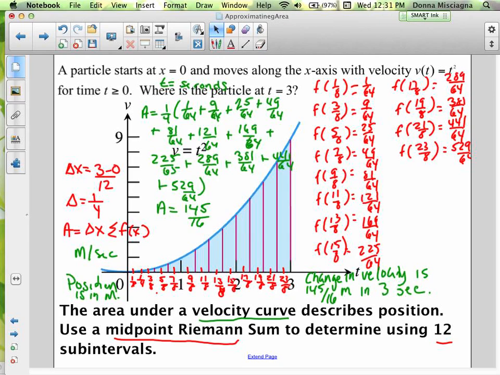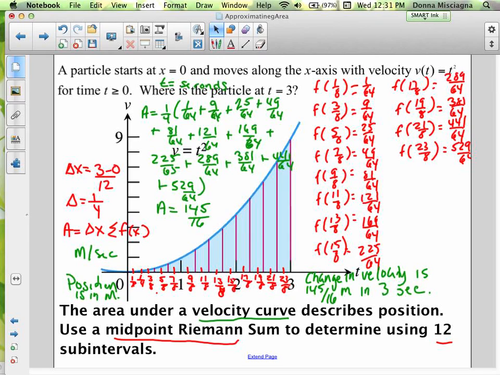So when you find the area under the velocity curve, it tells you about position. Now we know the change in position. If we know our starting value, say we're starting at the origin, then we would be able to find the exact position. Here we know the change in position because we're not given the starting value.